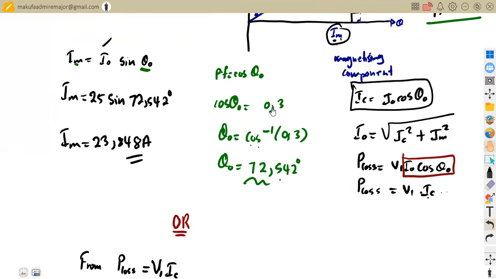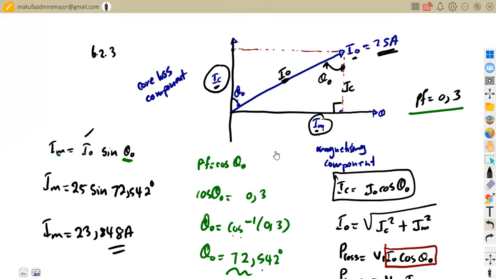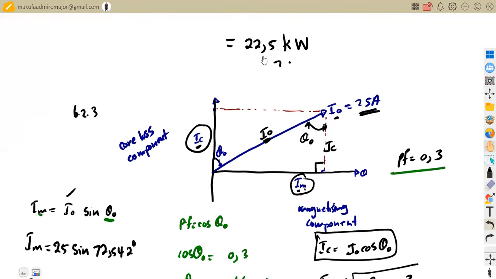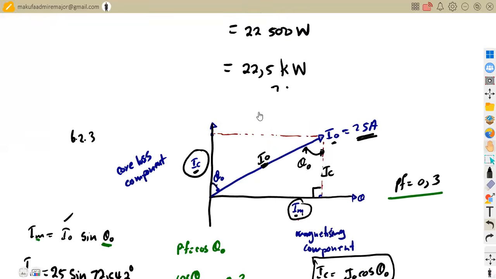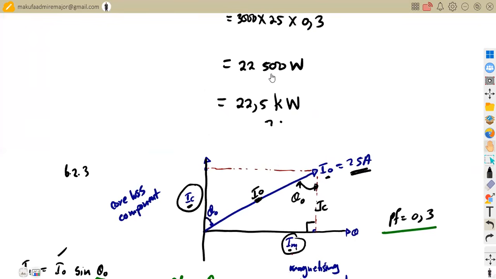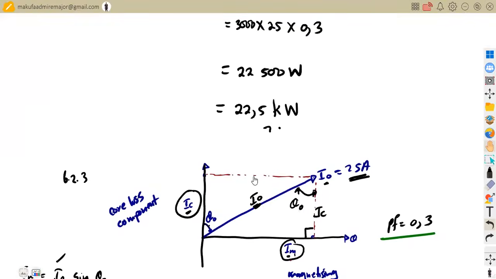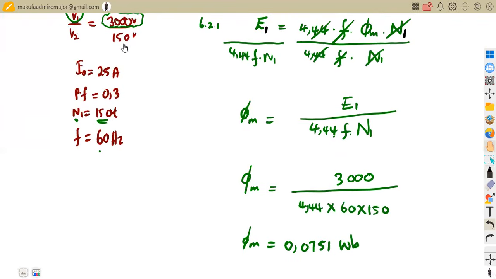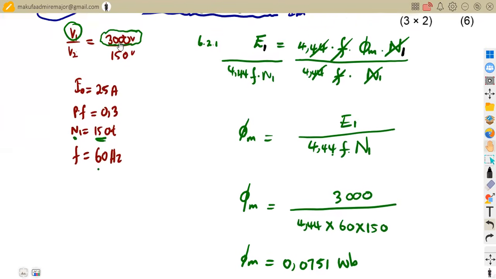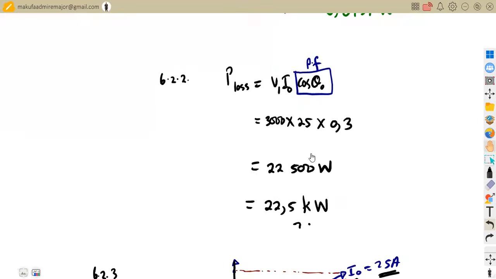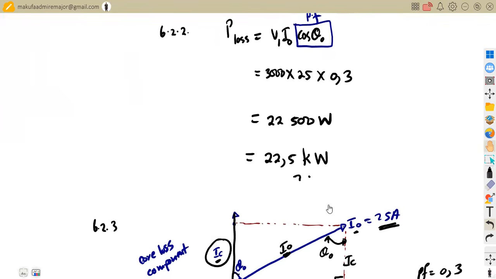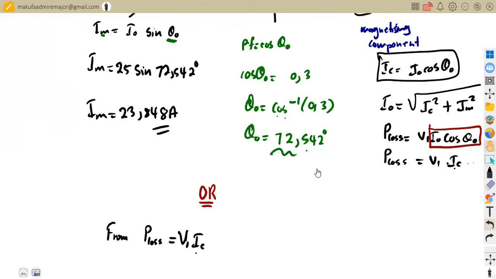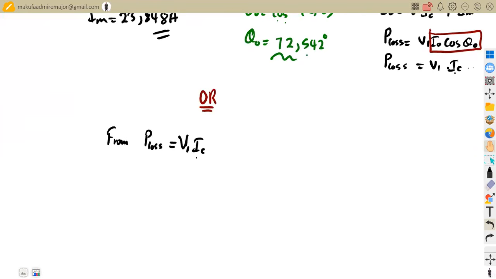We are going to take our power loss. Remember, our power loss in this case was 22.5 kilowatts, this one, 22,500. That is our power loss. And the voltage V1, remember, was 3,000. So I need this power, 22,500, and also that value of voltage, which is the input.